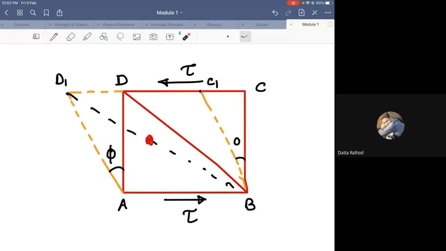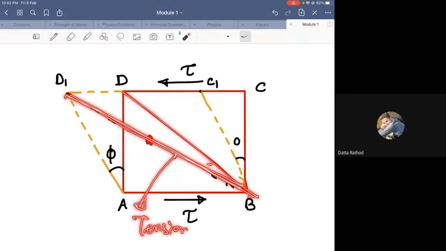So this BD diagonal experiences tensile stress because we know that whenever there is a tensile force acting, then and only then the member gets elongated. BD is now elongated. It indicates that tension is developed in the member, and due to that tensile force, the member gets elongated.